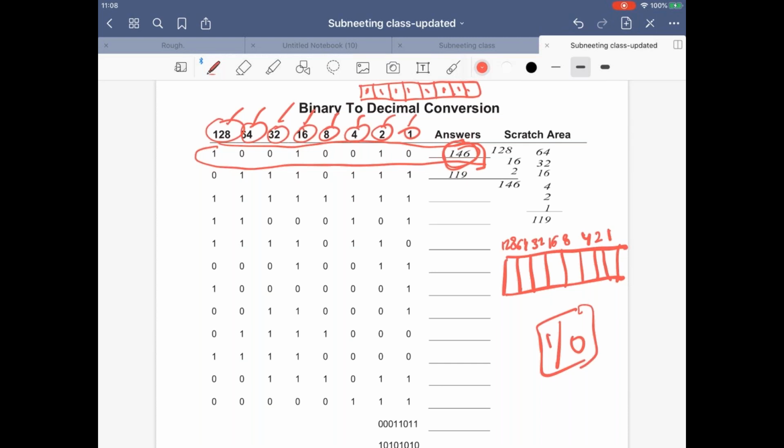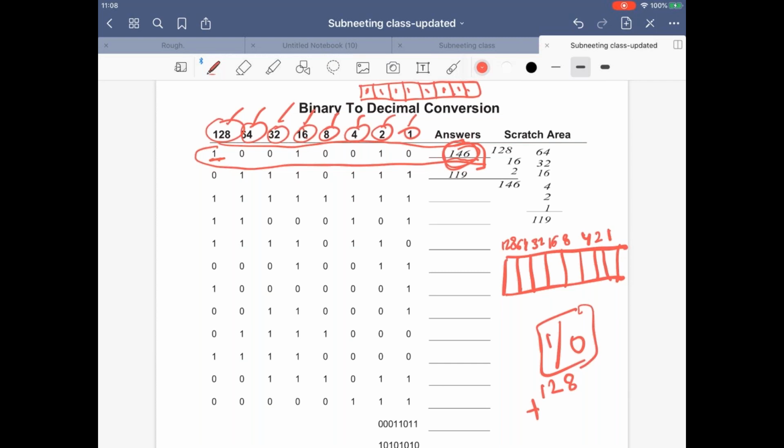For 146, put 1 for 128, 1 for 16, and 1 for 2.